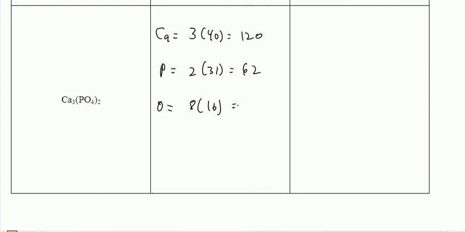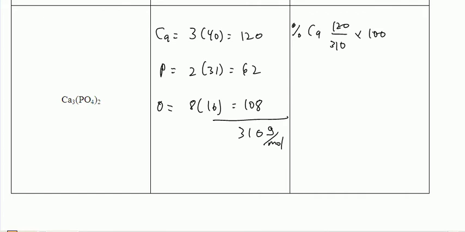What's 8 times 6? 48. That's going to be 108. We're going to add all these up, and we should get, I believe, 310 grams per mole.